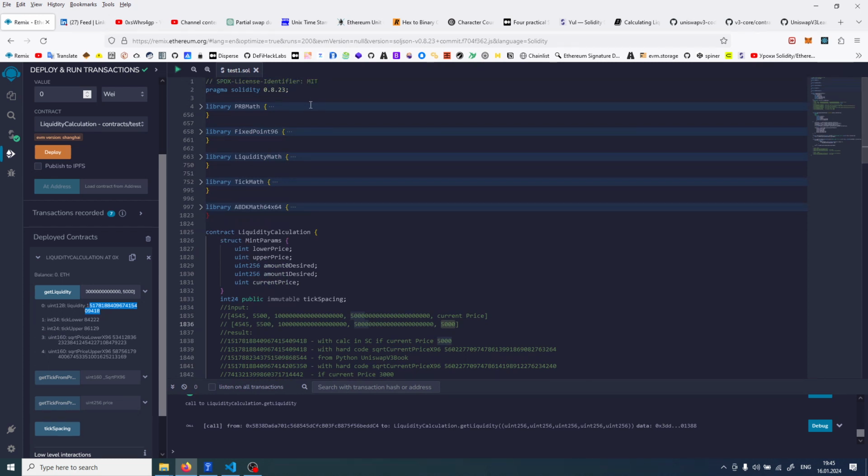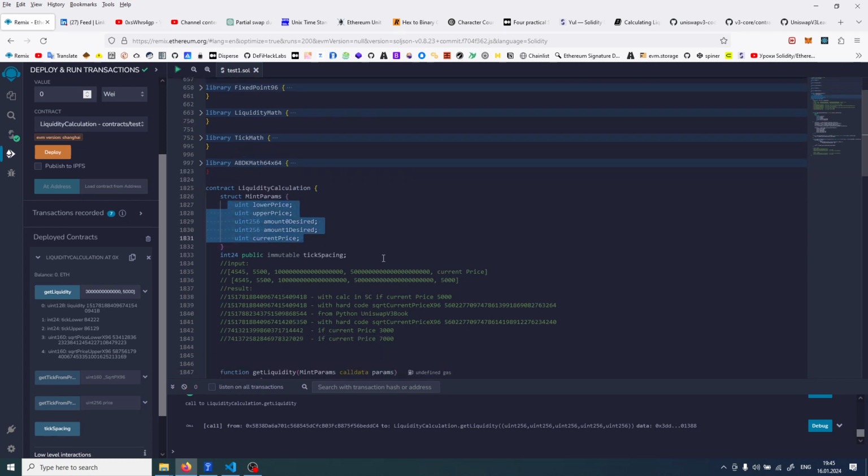And I like this piece of code because I can paste it in Remix, and I don't need any tests and any other projects. I just paste and use and know 5 params, and bam, I have my liquidity.